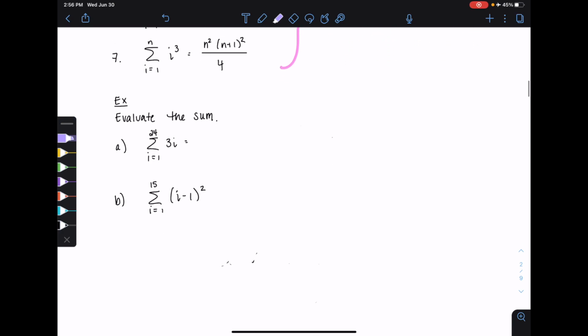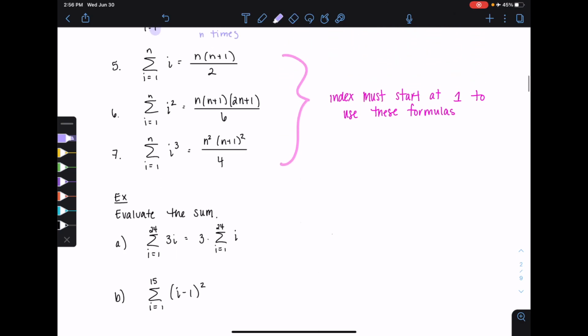Let's go ahead and evaluate the sum from 1 to 24 of 3i. So I want to use my properties to my advantage. That 3 is a constant, so it pops out, and I'm left with the sum from 1 to 24 of i. Going back and utilizing this formula, that will equal 3 times my upper value, which is 24, times 24 plus 1 divided by 2.